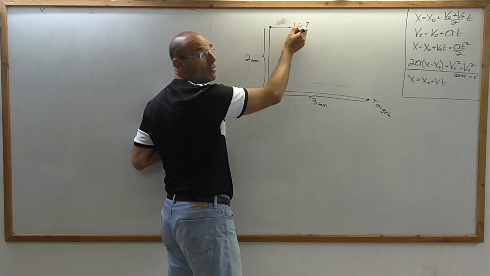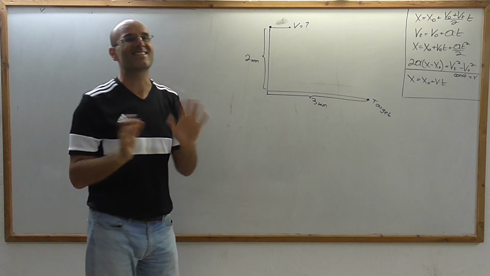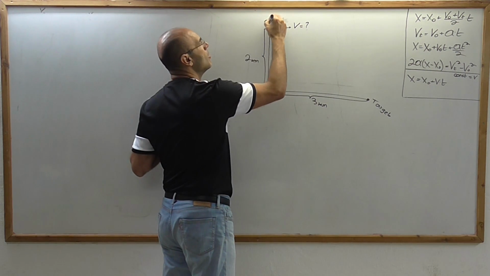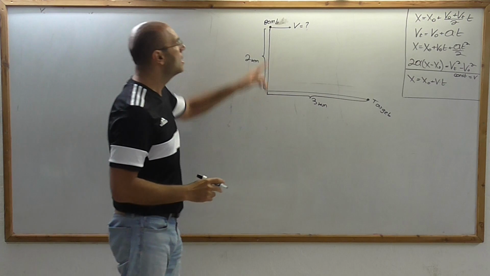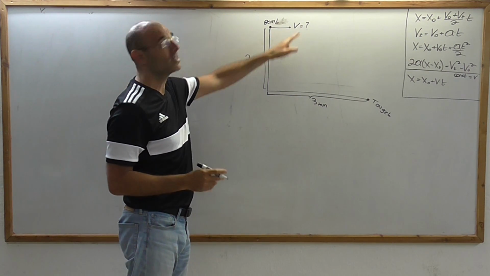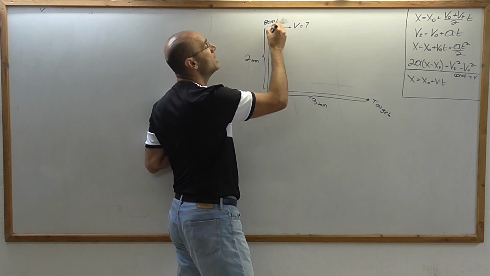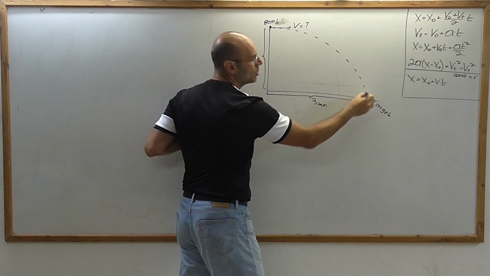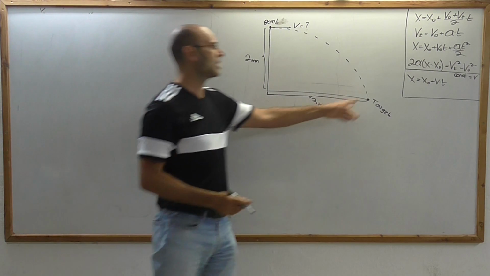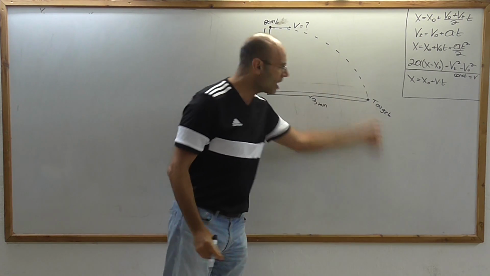So the velocity of the plane and the velocity of the bomb are exactly the same. So I can write here bomb. It's exactly the same. So the bomb will have a certain velocity, and I want to know what velocity the plane must have, or the bomb must have, in order for it to reach the target.